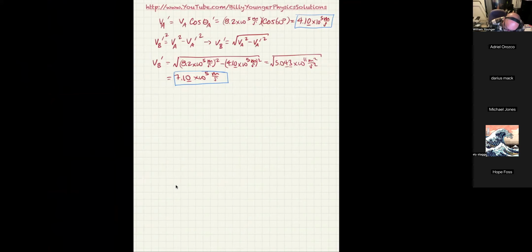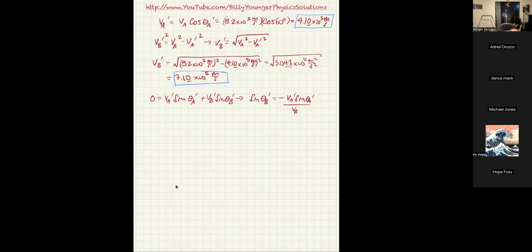So that equation was 0 is equal to VA prime sine theta A prime plus VB prime sine theta B prime. That means sine theta B prime is equal to negative VA prime sine theta A prime divided by VB prime.